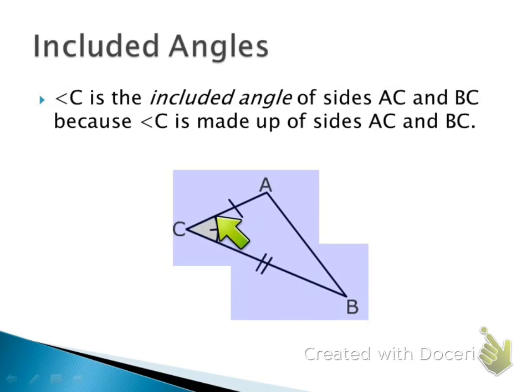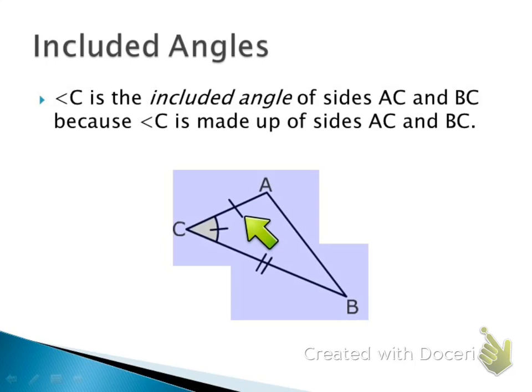That's why we call it side, angle, side. Okay? So just be careful. It has to be the angle that's in between the two sides in order to use the postulate side, angle, side. Okay? You do not need to write this.